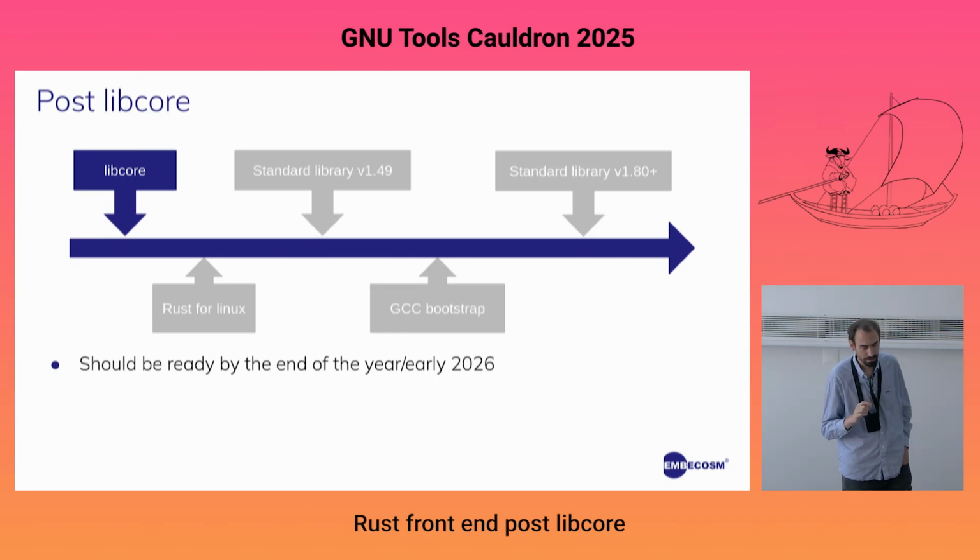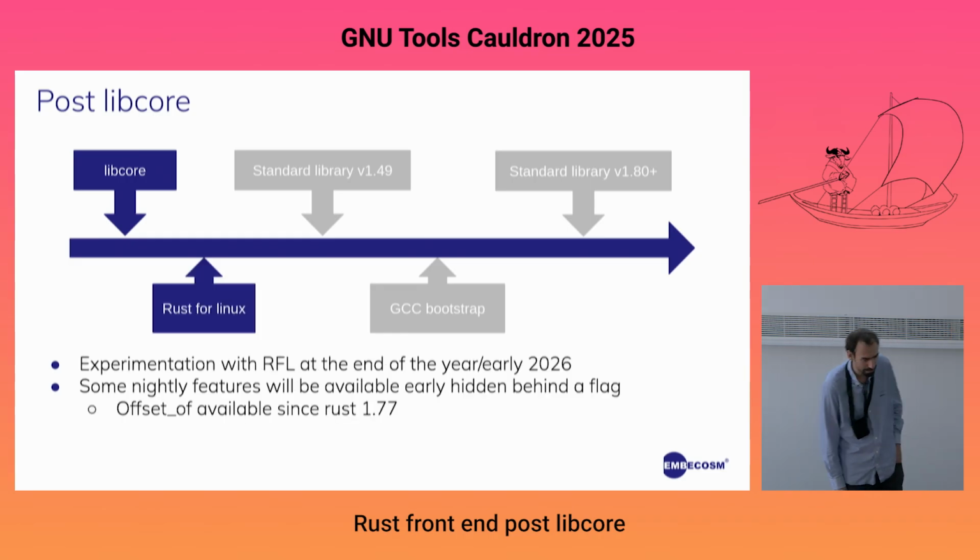So yeah, our next stop will be Rust for Linux. We will begin over the next few months to implement some nightly features that will be available behind some hidden flags. Basically, our main goal is Rust for Linux, and Rust for Linux requires some very modern features that were introduced very recently.